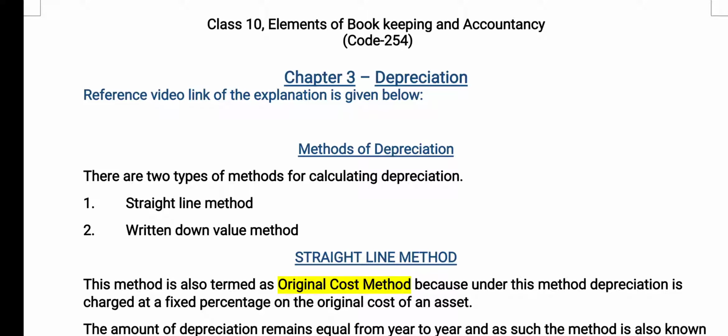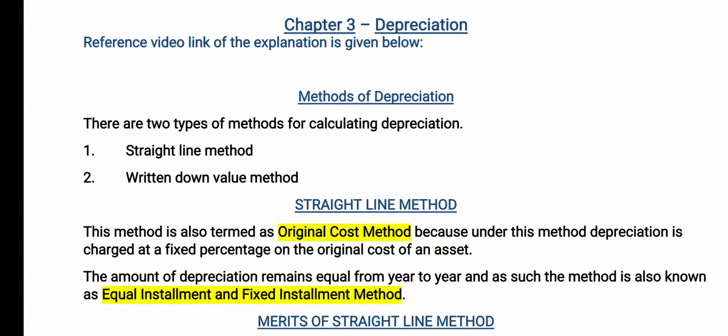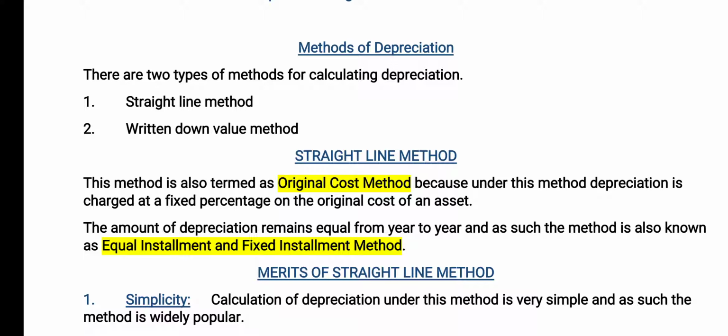So in today's class, we will discuss our first method, that is the straight line method, which is also known as the fixed installment method. The straight line method, also known as the original cost method, equal installment method and fixed installment method, is a method under which depreciation is charged at a fixed percentage on the original cost of the asset.